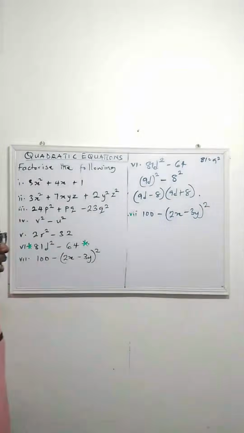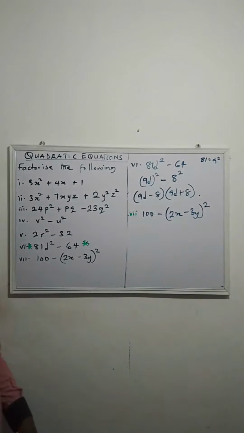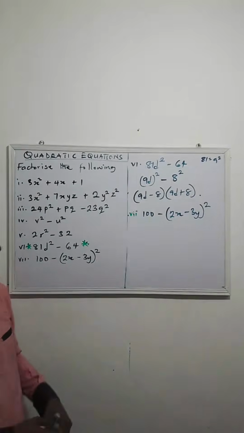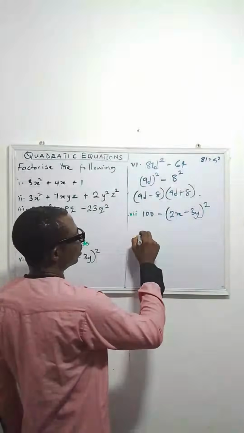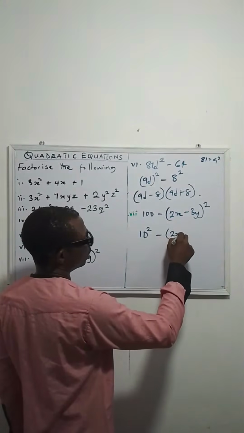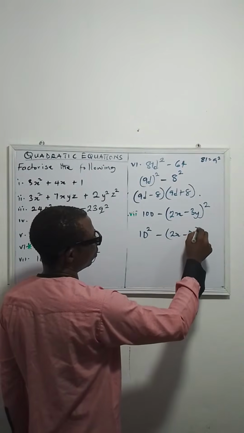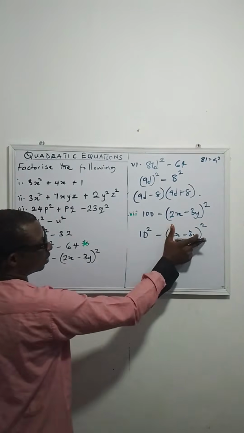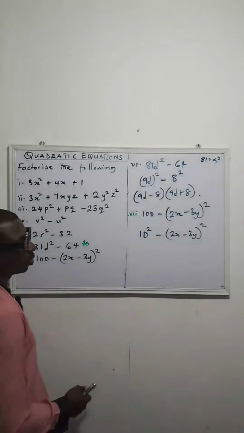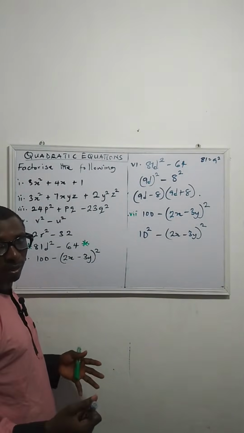Okay, so how do you do this? This is a perfect square, so I will express this one as a square. So this is 10 raised to the power of 2 minus (2x minus 3y) raised to the power of 2. Now this is a single base and this is another single base. So the procedure now is you subtract the bases and you also add the bases.